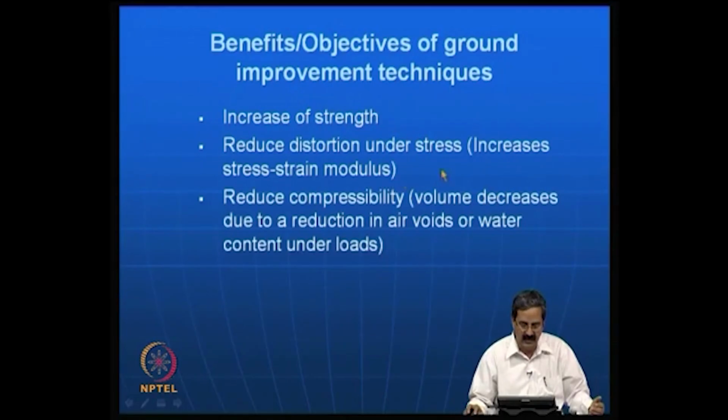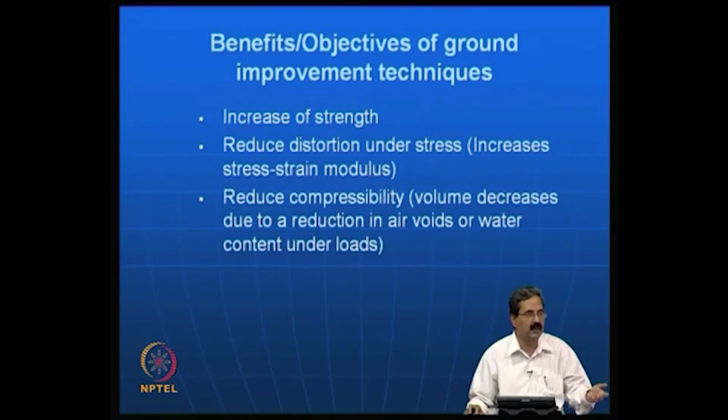Then reduced distortion under stress, like the tilt of the building, which is called distortion. So the increase of shear strength and the reduction in distortion come from the stress-strain modulus of the improved soil. You need to conduct some tests on the improved soil and measure its stress-strain modulus.